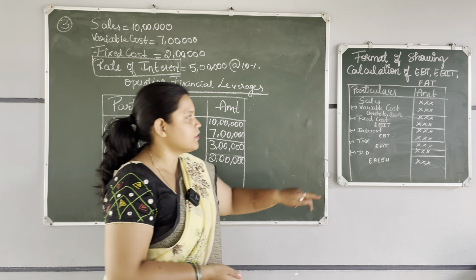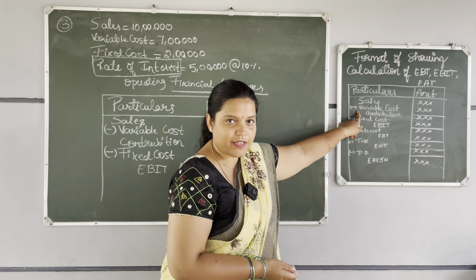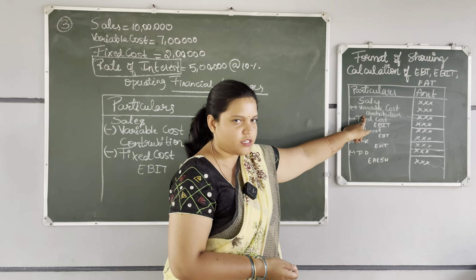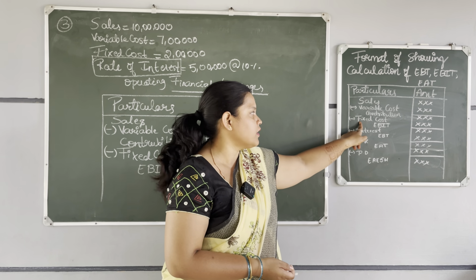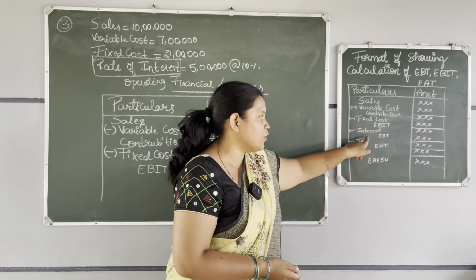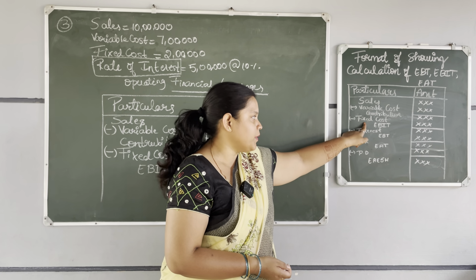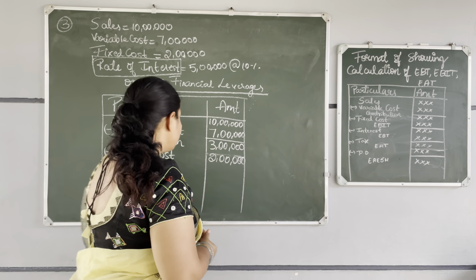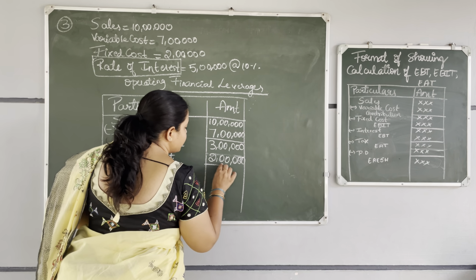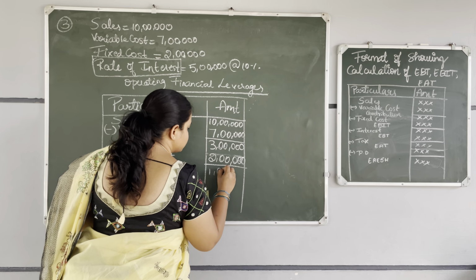You can see, sales minus variable cost is contribution, and after deducting fixed cost from contribution, we get EBIT. From EBIT, if we minus interest, we will get EBT. EBIT is 1 lakh.